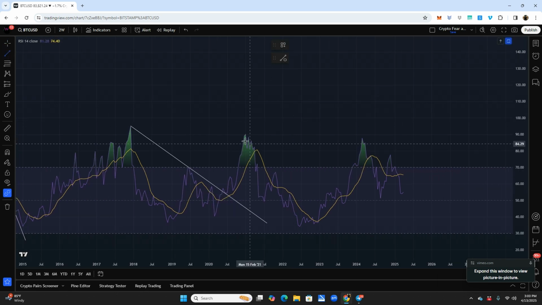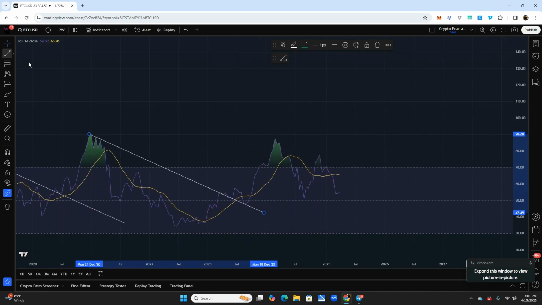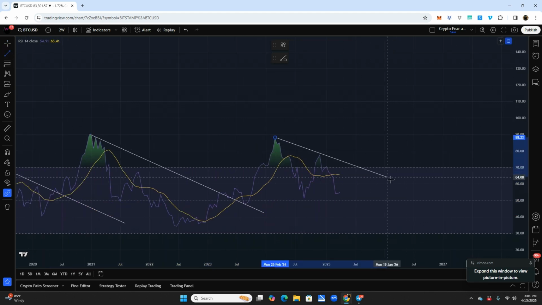Okay, let's look at the next one here. You have 2 touches right there, and then a touch here, and a retest, and then a break, and then you would have your next trend here.